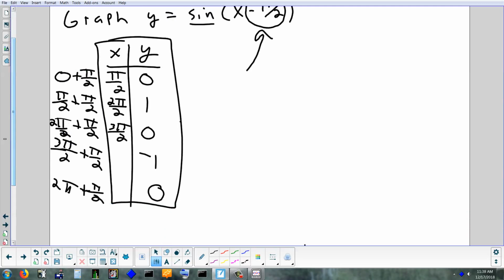The next one already has a common denominator. 3 pi over 2 plus 1 pi over 2, 4 pi over 2. And now you could do a common denominator for the last one, or just look at the pattern. 1 pi over 2, 2 pi over 2, 3 pi over 2, 4 pi over 2, 5 pi over 2. Now, since I didn't reduce, it made the pattern easier to see.